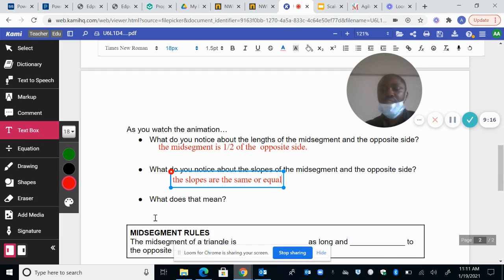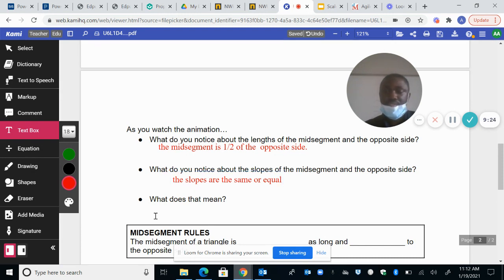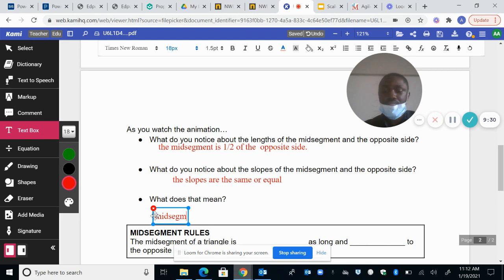When two lines have the same slope, it means they are parallel. So we can say the mid segment is parallel to the opposite side.